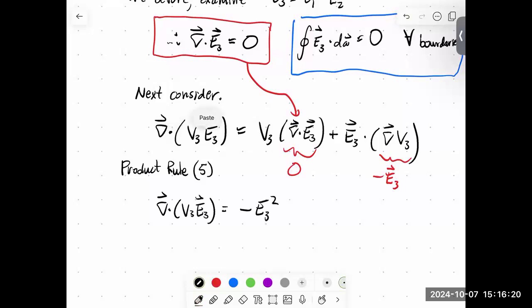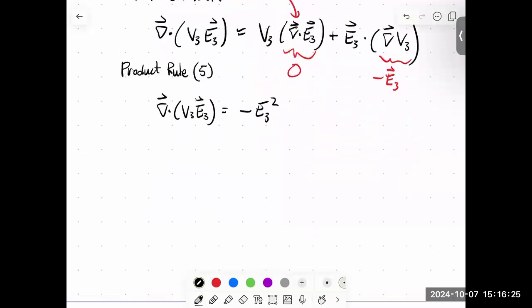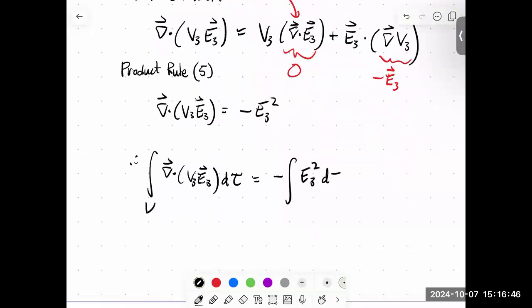So we have E dot minus E. That means if I integrate this funny quantity, that must be equal to minus the integral of E3 squared d tau, because we said that was just equal to minus E3 squared.